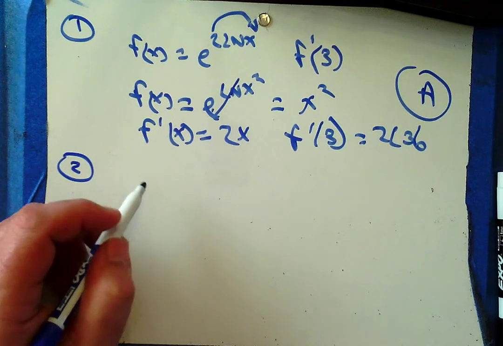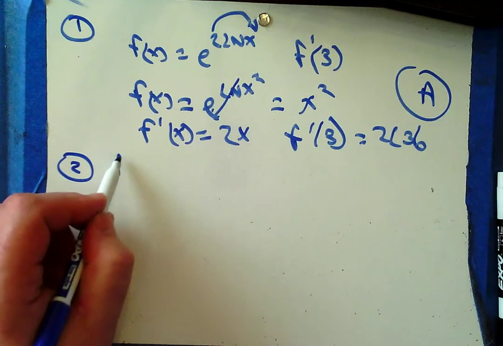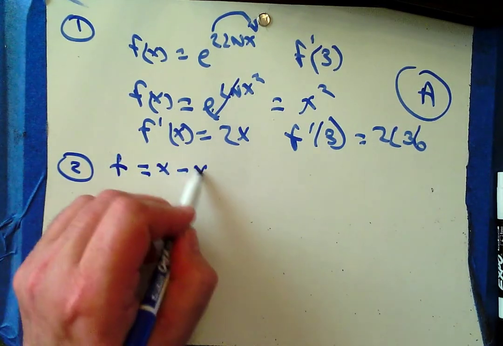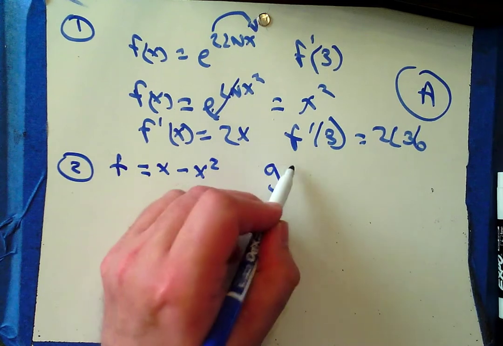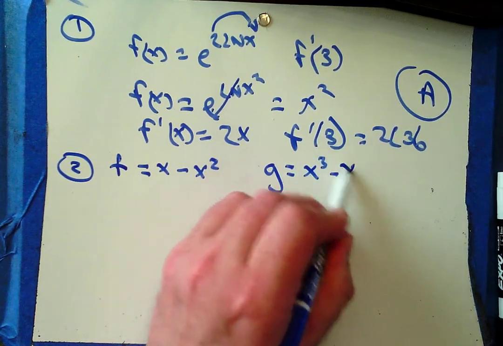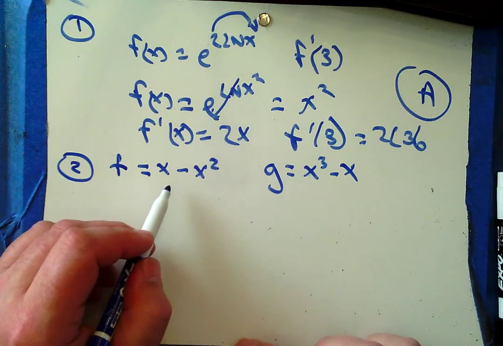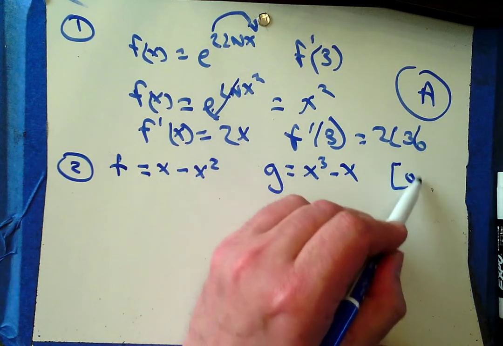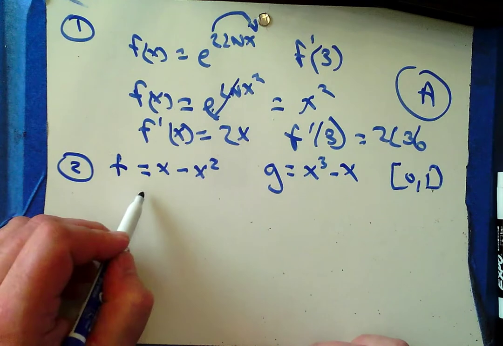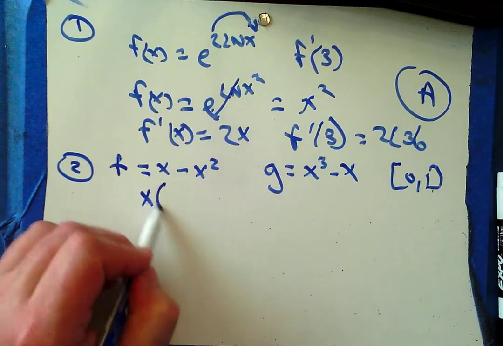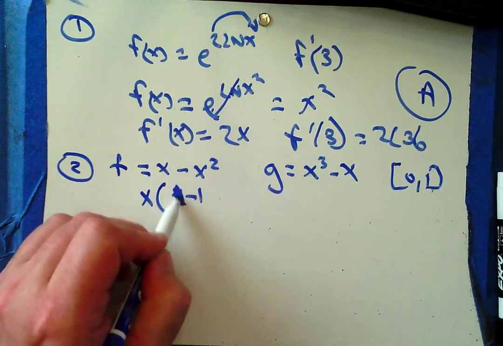Number 2. Total area between f equals x minus x squared and g equals x to the third minus x, between 0 and 1. If I graph these, I get x times 1 minus x.